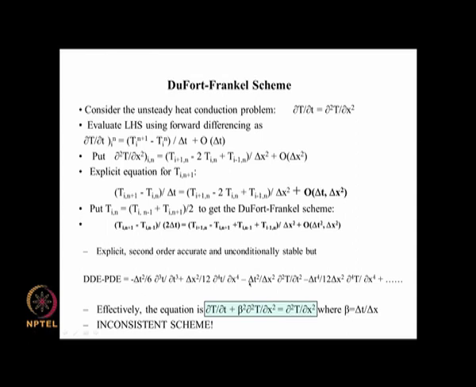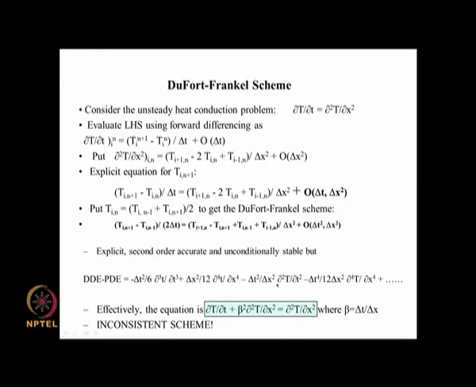For example, if you take a delta t of 0.1 and delta x of 0.2, and then you reduce this by a factor of 2, reduce this by a factor of 2, keep on reducing both in order to meet this consistency condition, then this may become 0.0001 and this may become 0.0002, but the ratio may still be 1 by 2.